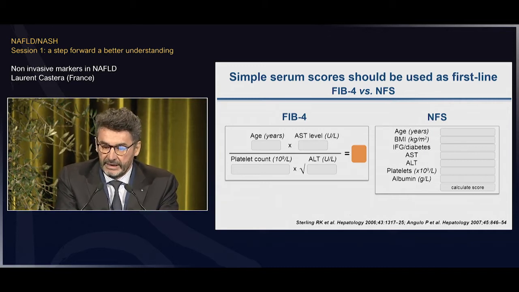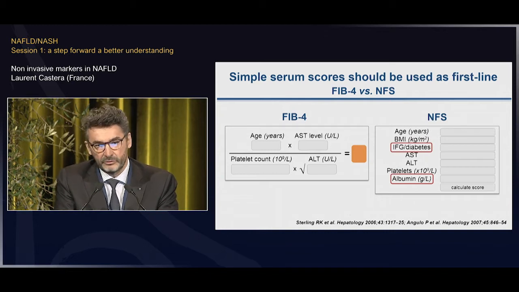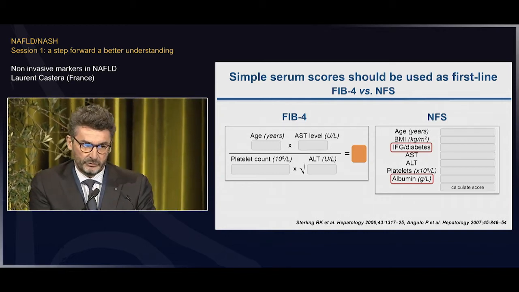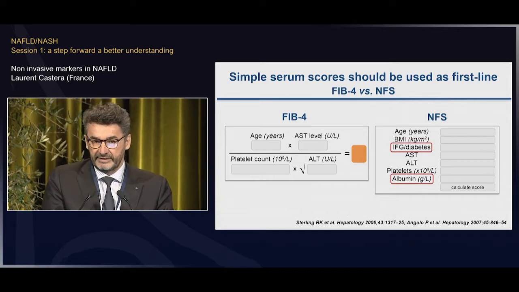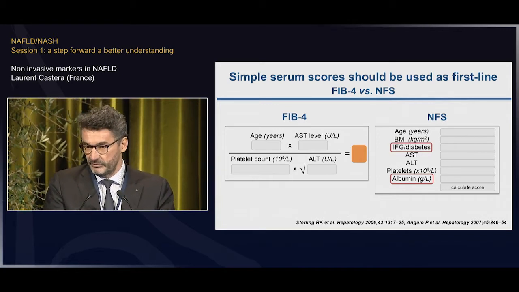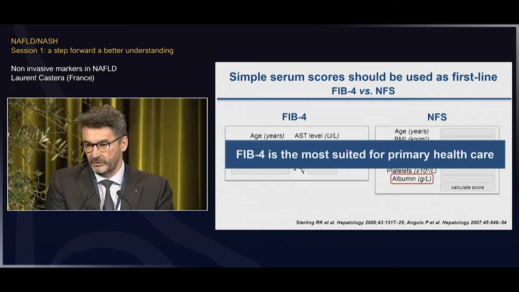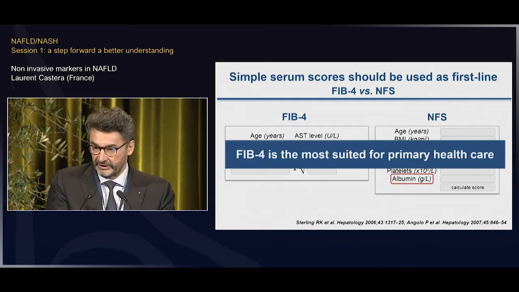NFS is a bit more difficult. You need fasting glucose or diabetes status, and albumin. Most GPs do not perform albumin, though they could. But if you have a similar test that is free and performs as well, they would use the FIB-4. So clearly it's the most suited for primary health care.